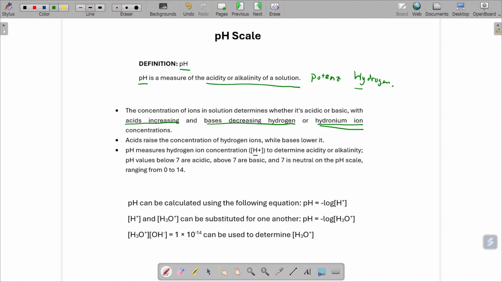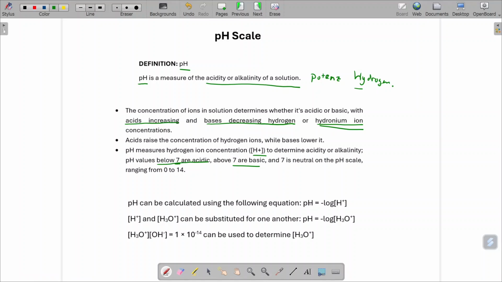The concentration of the hydrogen ions, and there's an equation for this, which we will see now, tells us whether a substance is acidic, basic, or neutral. When the pH is 7, the solution is neutral. When the pH is greater than 7, the solution is basic. And when the pH is less than 7, the solution is acidic.